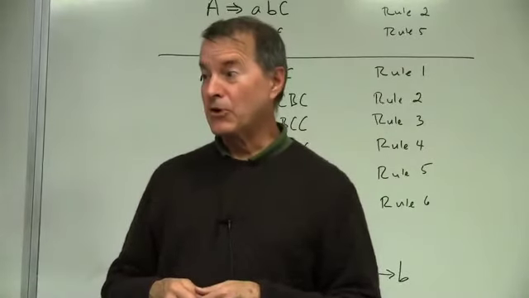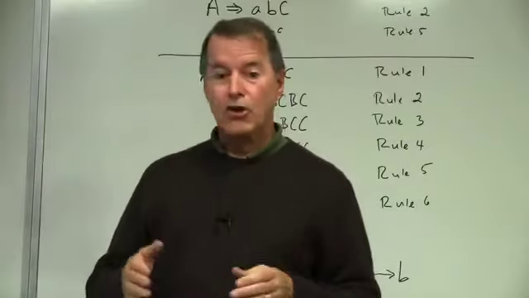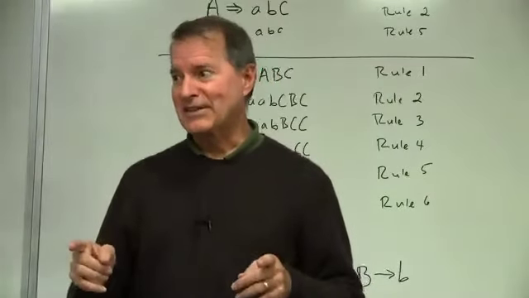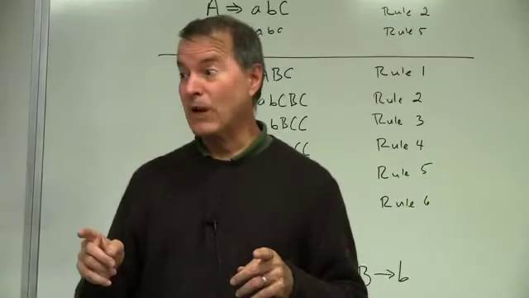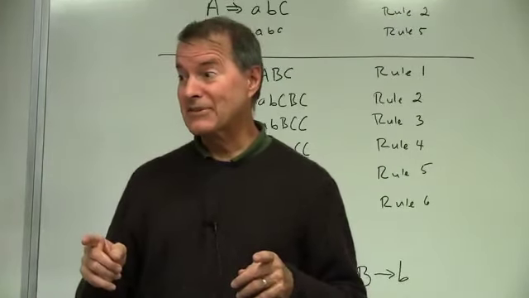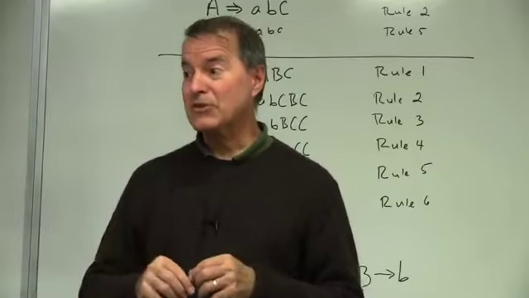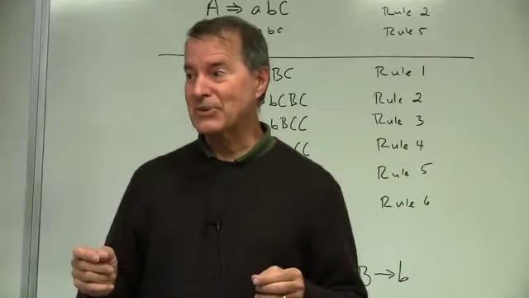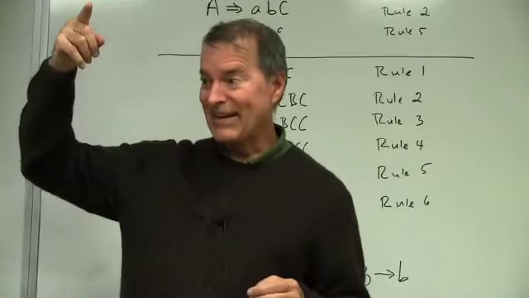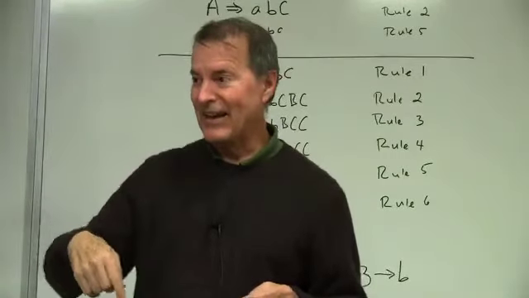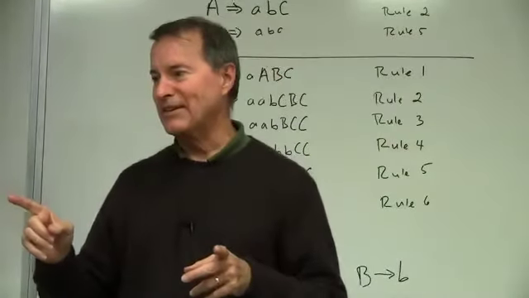No. You give it a string of terminals, and it has to make sure it's valid. It has to find out if it can be derived. It's doing the reverse of what we did.